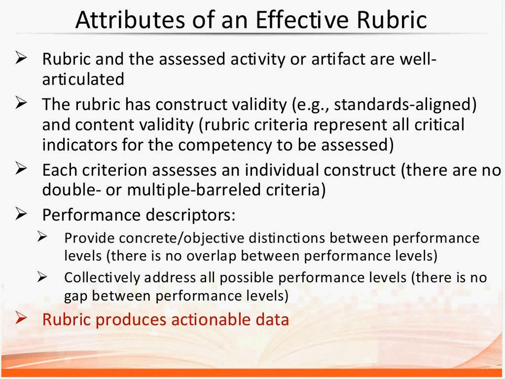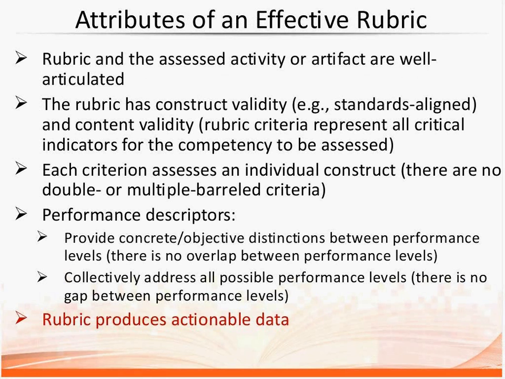The use of double or multiple barrel criteria or performance descriptors should be avoided whenever possible. We'll look at the consequences of violating this principle shortly. Performance descriptors should provide concrete distinctions between performance levels and collectively should address all possible performance levels. There should be no overlap between levels and no gaps between levels.